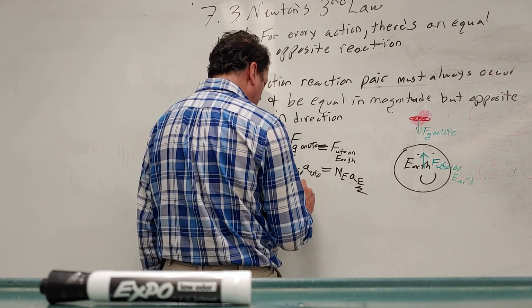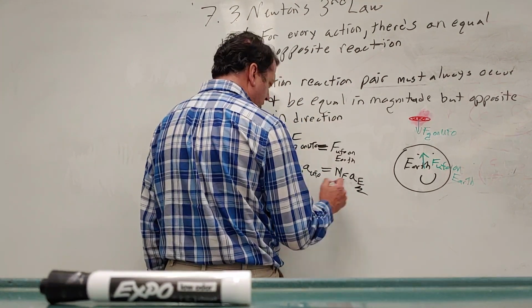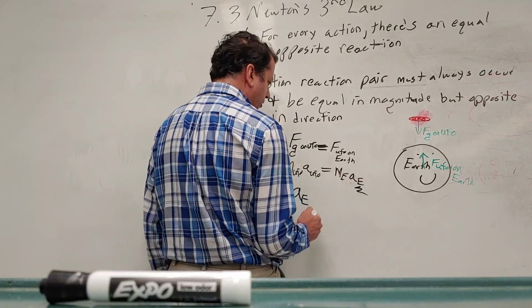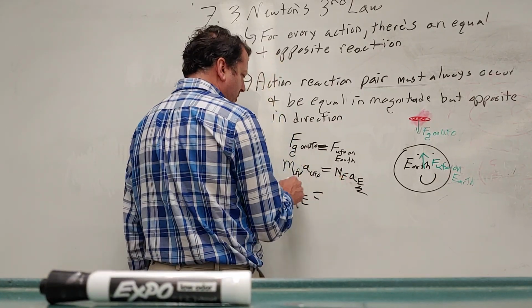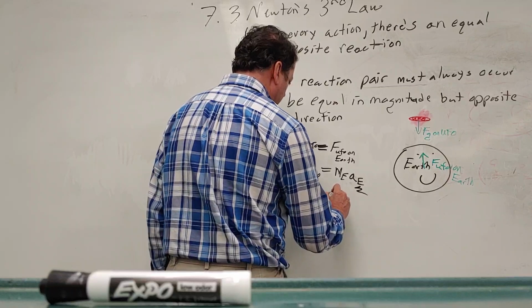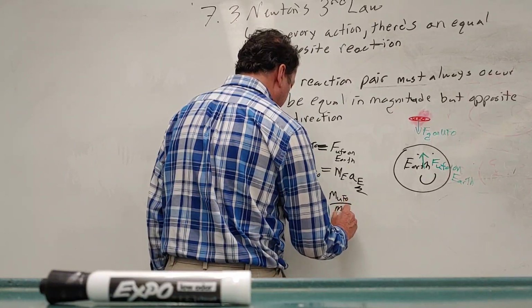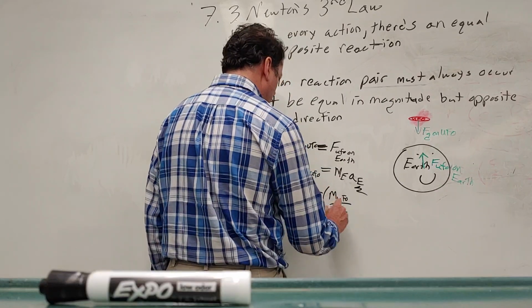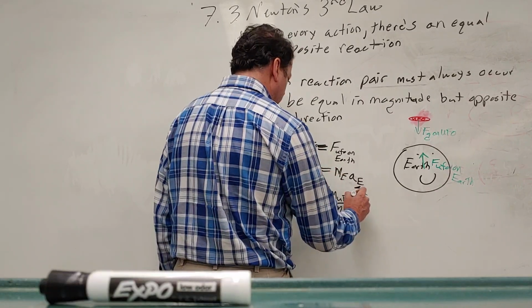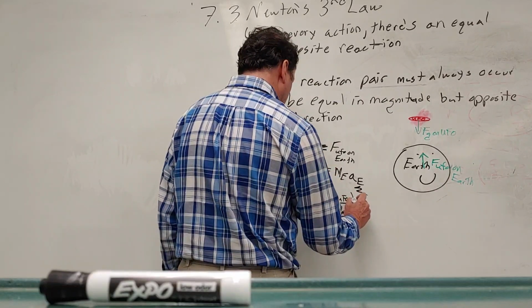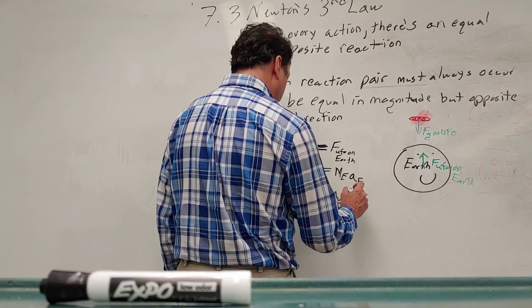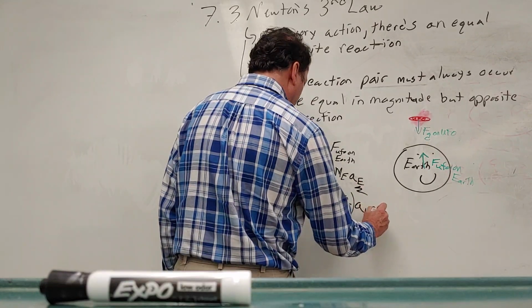I just switched it and moved this over, and divide both sides by the mass of the Earth, and it would be the mass of the UFO over the mass of the Earth times the acceleration of the UFO.